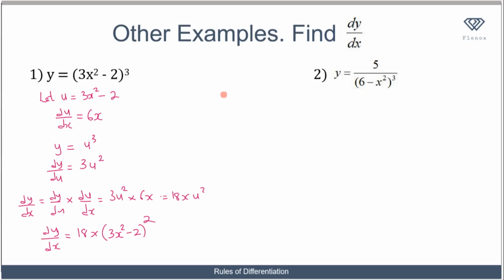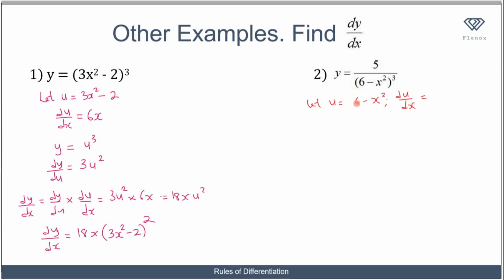Pretty straightforward. Now let's look at this example over here. In the same idea, I can replace what is inside this bracket by u. So I'll say let u be equal to 6 minus x squared. So I can find du over dx.